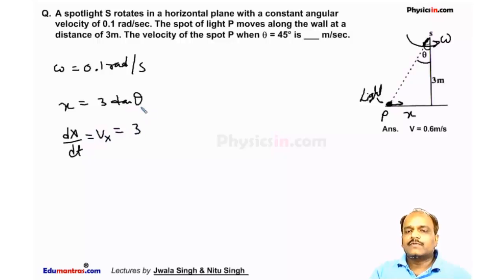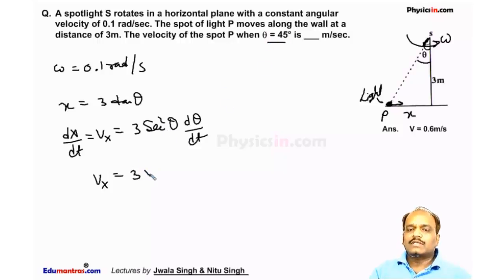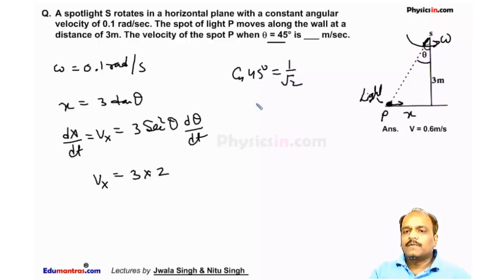3 times the derivative of tan theta, which is sec square theta into d theta by dt, and d theta by dt is actually the angular velocity. So vx is equal to 3 sec square 45 degree, because at that instant theta is 45 degree. Sec square 45 degree is 2, because cos 45 degree is 1 by root 2, so sec 45 degree is root 2.